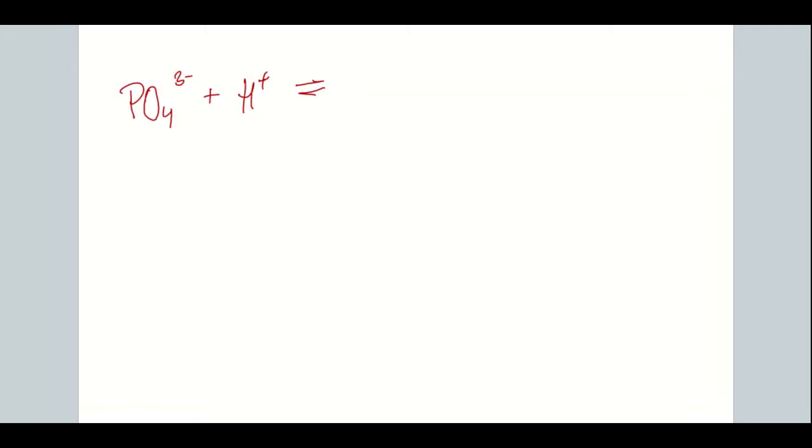It can react with the hydrogen ion and create HPO4 2-. Notice that 3- got reduced to 2- because we added H+ to it, and that reduces the overall charge.